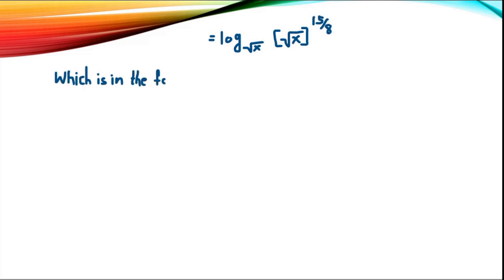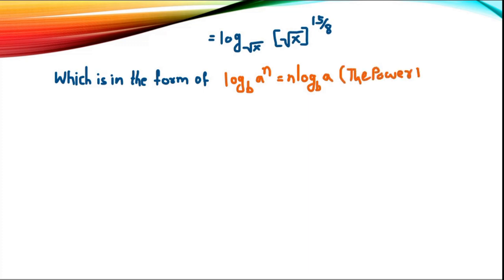Now observe the simplified expression. Here there is only one power, so we can use the power rule of logarithm, which is log base b of a to the power of n equals n log base b of a. So here the power is written in front of the logarithm.